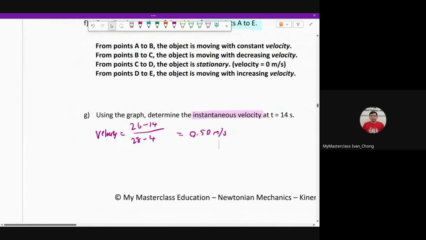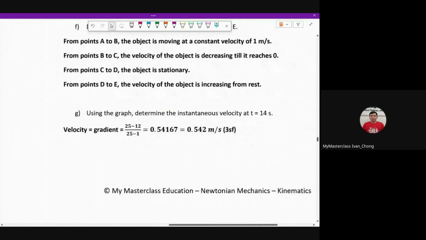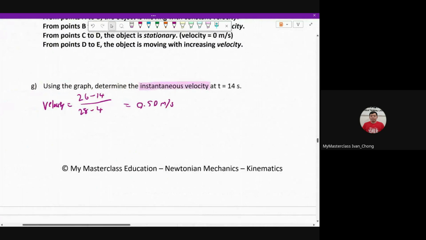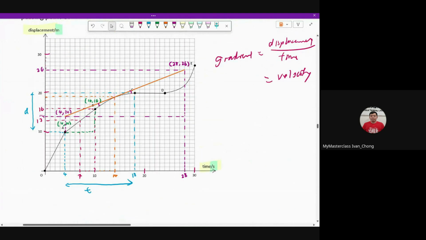Okay, so if your value that you found was slightly different, maybe you got 0.54, it is fine. Because normally for instantaneous velocity itself, it depends on the line that we draw. So some students will draw it differently from the teacher, and the teacher might draw it differently from the student. But basically, you want to make sure that the triangle that you draw is at least half of your graph itself.